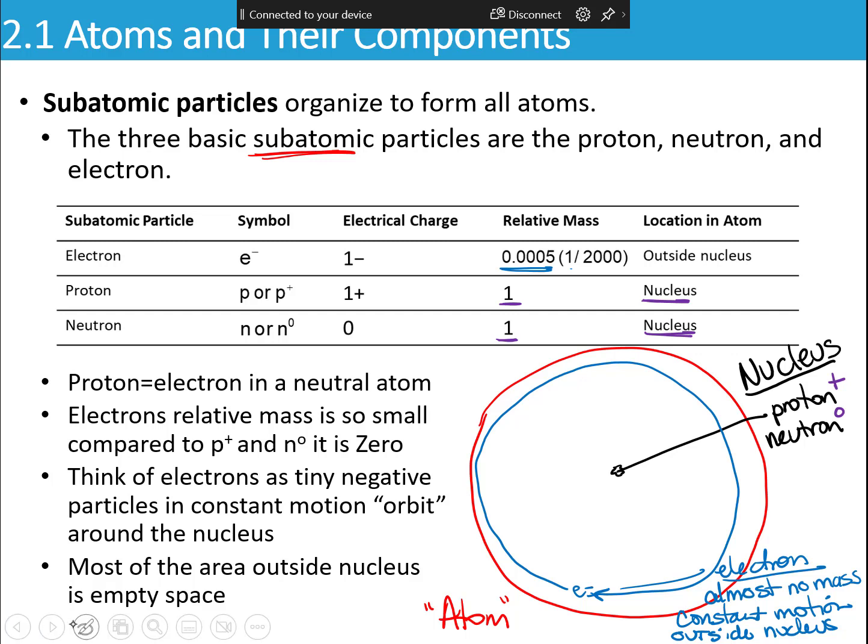And the other thing that makes them different is that they are negatively charged. You will sometimes see electrons written as an e with a negative. Oftentimes you see the protons written as a p with a positive, and you'll see the neutron written as an n with a little 0, which means neutral, not charged, like a not symbol.